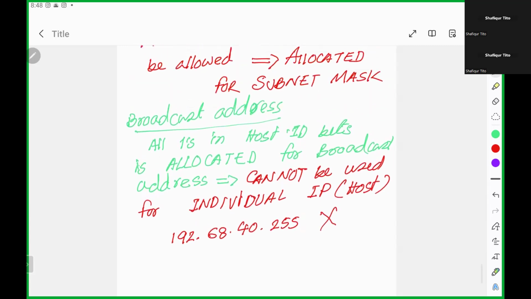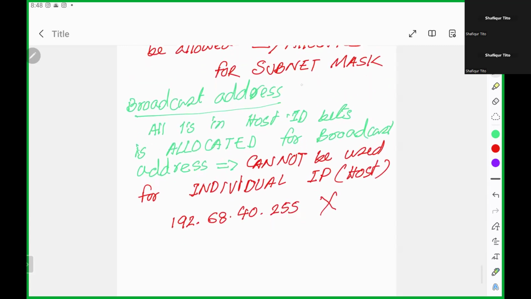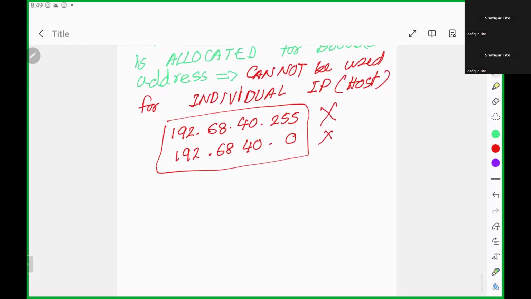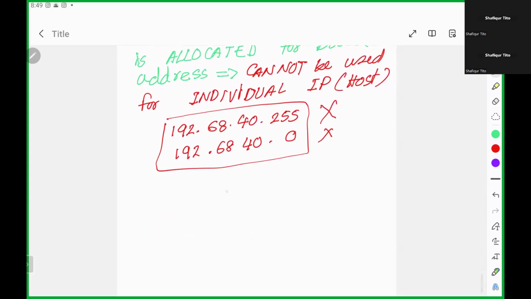And also I cannot use 192.168.40.0. So these two cannot be used. So that means the remaining bits, remaining numbers we can use.